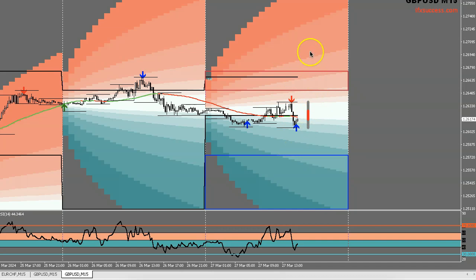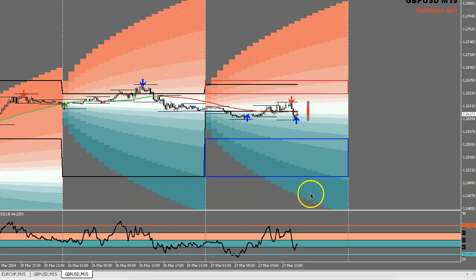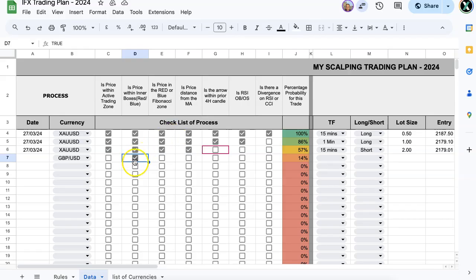If price is above in here, then we're no longer in between the boxes or inside the boxes, right? So if price was outside of here, this is even more dangerous. Or if price was below my blue one right here, so we are not within the boxes, okay? So then that criteria would not be met, okay? Very simple. So this one is met.